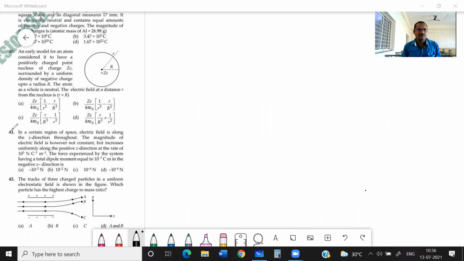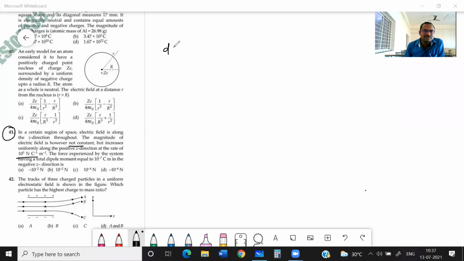Now let us move on to question number 41. They have given that in a certain region of space, the electric field is along the z direction throughout. The magnitude of the electric field is, however, not constant, but increases uniformly along the positive z direction at a rate of 10 to the power of 5 Newton per coulomb per meter.